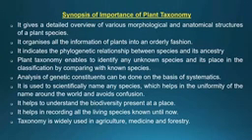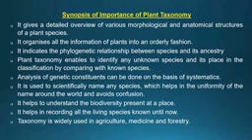It organizes all the information of plants into an orderly fashion. It indicates the phylogenetic relationship between species and its ancestry. Plant taxonomy enables us to identify any unknown species and its place in the classification by comparing with known species.